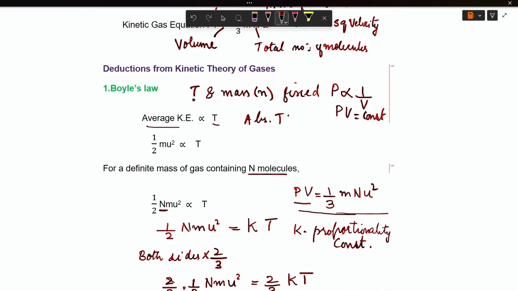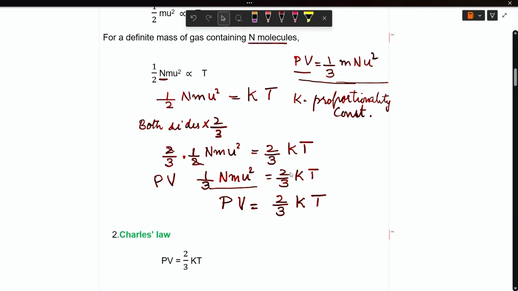Now, for Boyle's law we have the conditions that temperature is constant and mass, or number of moles, is constant. Considering that, in this expression we have temperature, pressure and volume. Now, what we are going to do is take this temperature as constant.